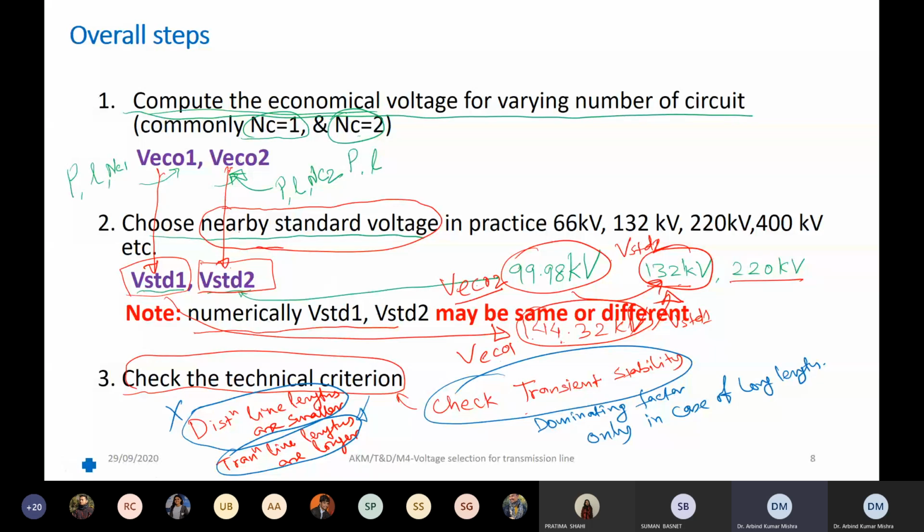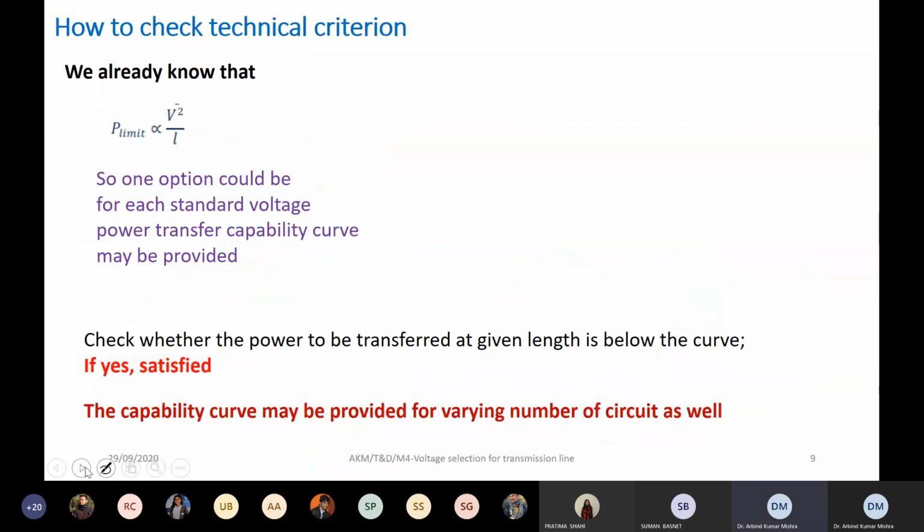How to check that? Very simple. As we have already discussed, the P limit according to the transient stability limit varies as V square by L. Because the number of standard voltages is not huge, not infinity, only a selected number of standard voltages exist.